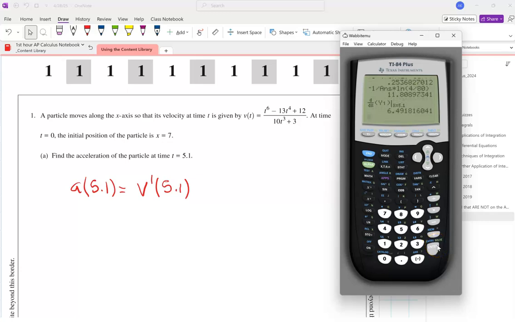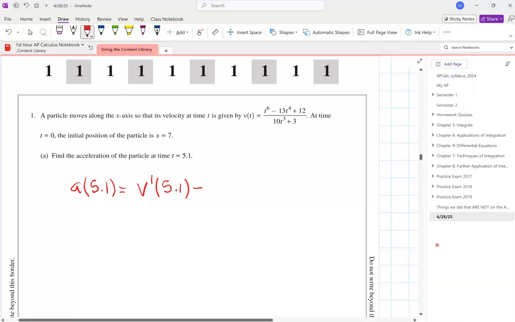I think 3 decimal places is kind of the standard of what they're looking for on these calculator questions. I suspect 2 would be fine also. And then no units are given in this problem. Notice that it says the velocity is just this function.